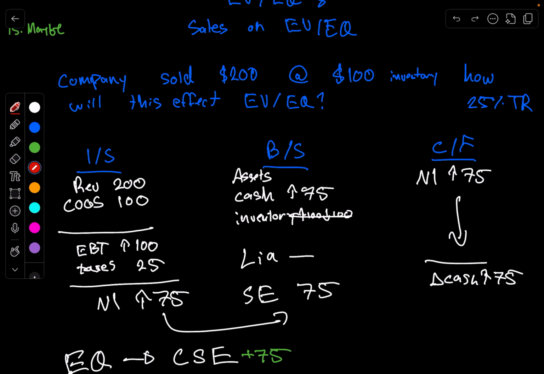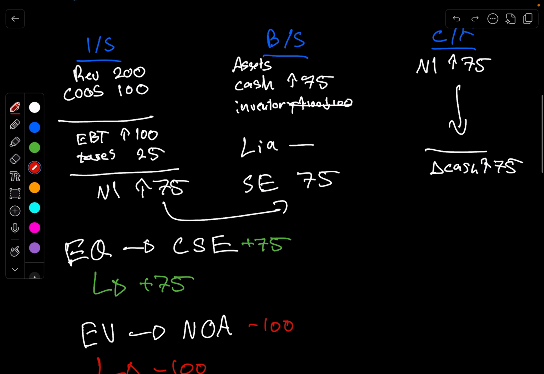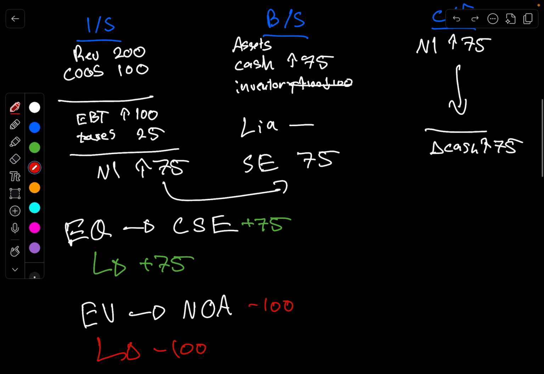We had a sale, there was a cost associated with it, and that brought our inventory amount down. So over this period of time, what actually happened to enterprise value? Well, we got rid of $100 worth of inventory. So we got rid of $100 worth of operating assets, meaning that overall, the enterprise value went down by 100. So this is an important distinction.